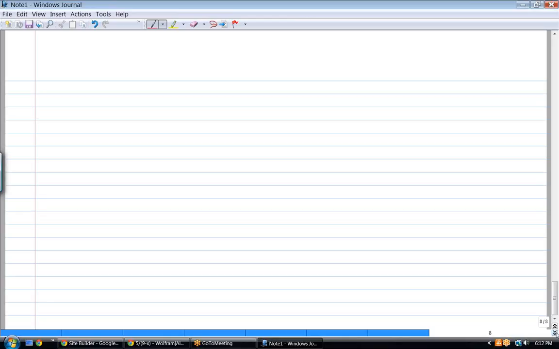Okay, so this one says use substitution to evaluate the integral from 0 to 1 of the square root of t to the 7th plus 6t.